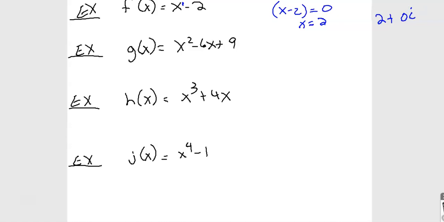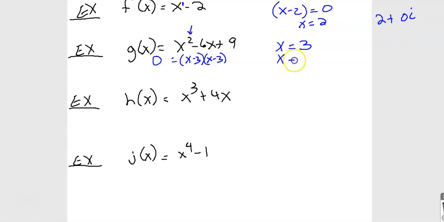Here we have x squared, which again means there are 2 complex zeros. At most, there are 2 real numbers, but there are exactly 2 complex. This one actually factors nicely to x minus 3 squared. When you solve this, x equals the factor, x minus 3, so x equals 3 is the zero.